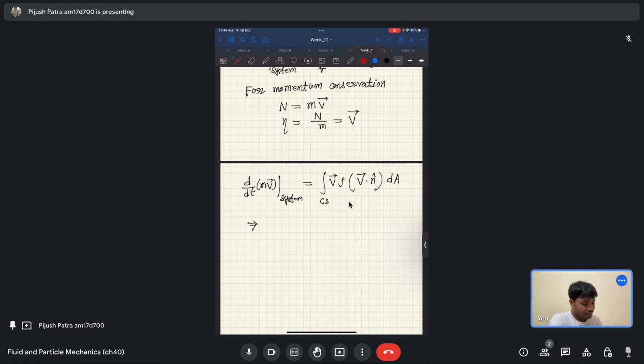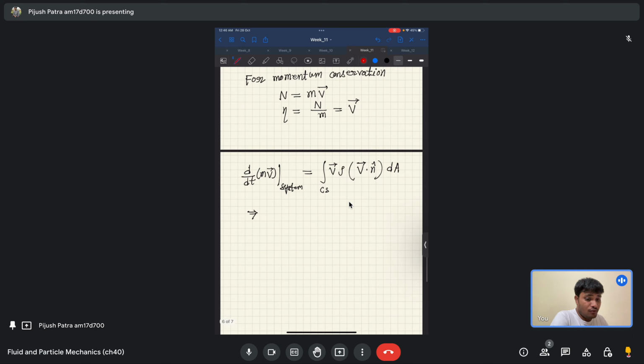Force will have two components, one is the force along the x-axis, let's say Fx ex cap, plus Fy ey cap, is equal to, so here this integral I have to evaluate at the inlet and at the outlet.